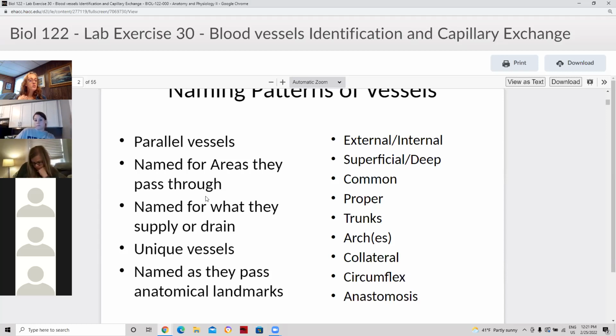They can also be named for what they supply or what they drain. Arteries supply, veins drain. If an artery or a vein runs through a particular area, it supplies or drains that area.